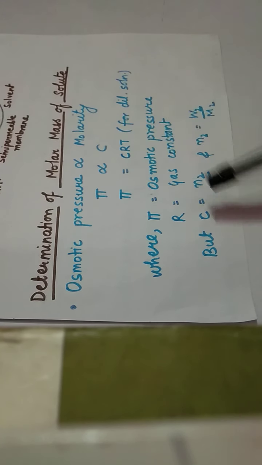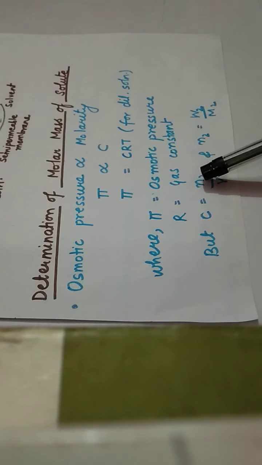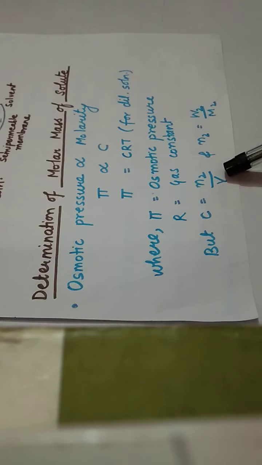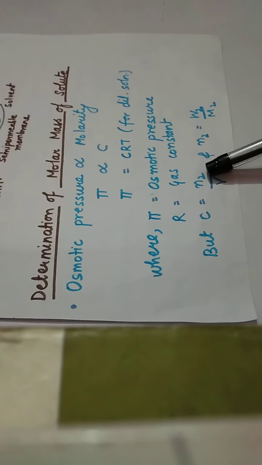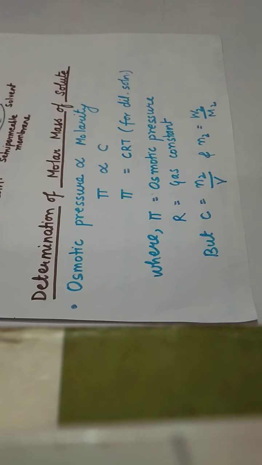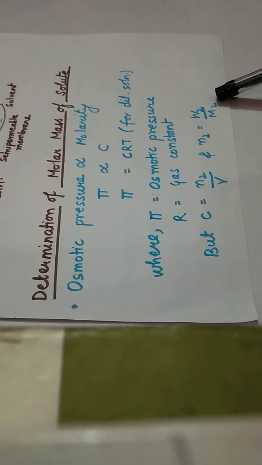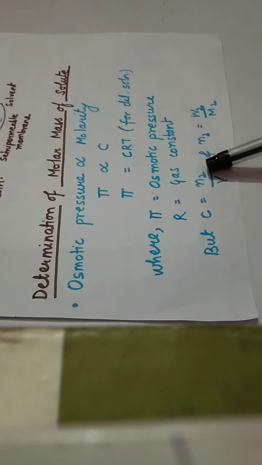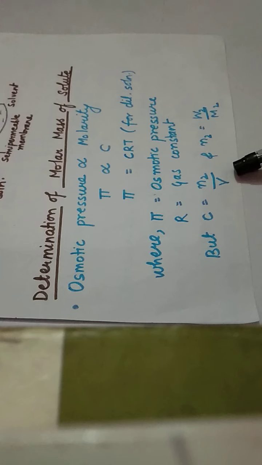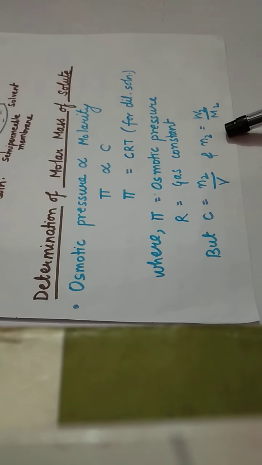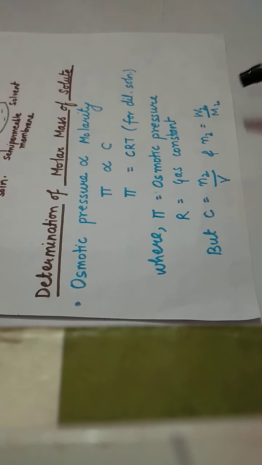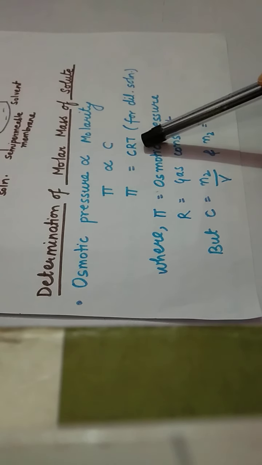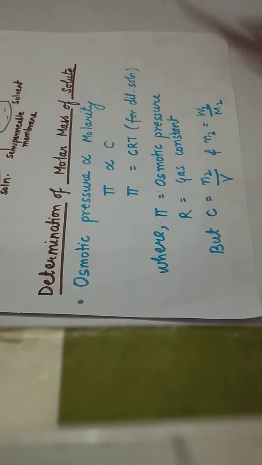Children, we already know that molarity is equal to the number of moles of solute upon the volume of solution in liters. Now, what is the number of moles of solute? It is the weight of solute in grams upon the molar mass of solute. So these values we are going to put in the equation pi = CRT.